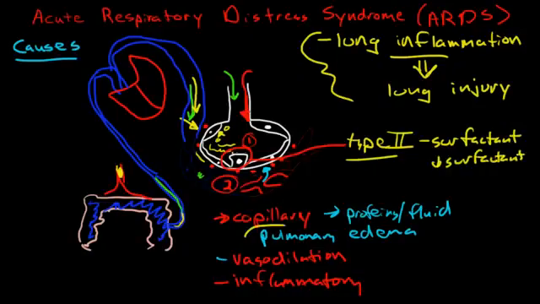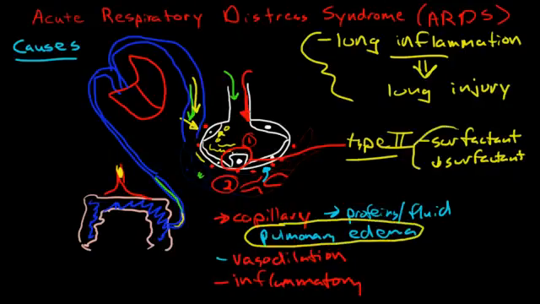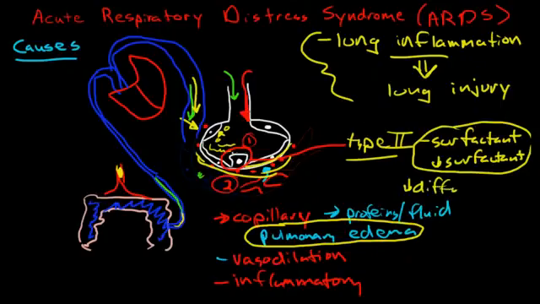So so far we have pulmonary edema, and we have decreased surfactant production. Okay, now we're also going to develop scarring over time within the tissues here, and we're going to have decreased diffusion capacity.